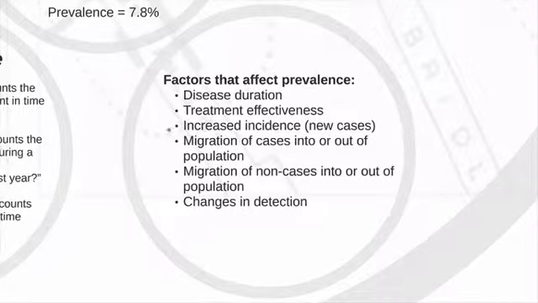Did we have a population shift as to who's living here? Did we have changes in the diagnostic criteria? Has the treatment become more effective or less effective over time, right? So we're not able to sort of get cases of disease out of our numerators quickly. These all are really important factors in interpreting the numbers of the burden of health on a population, otherwise known as the prevalence of the health outcome in your population.